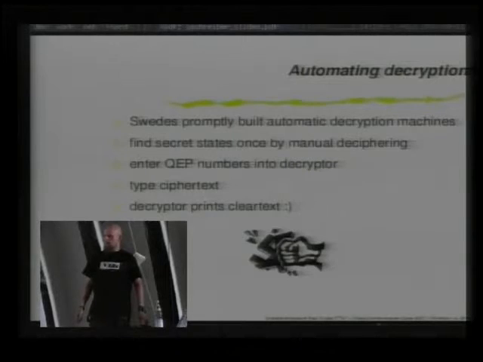These actually didn't change, it turned out, but still you have to check. Then you know everything, you initialize your own machine with it, and for each message you type in the QEP numbers and the ciphertext, and it would spit out the clear text. This is exactly what they did quite successfully for a time.